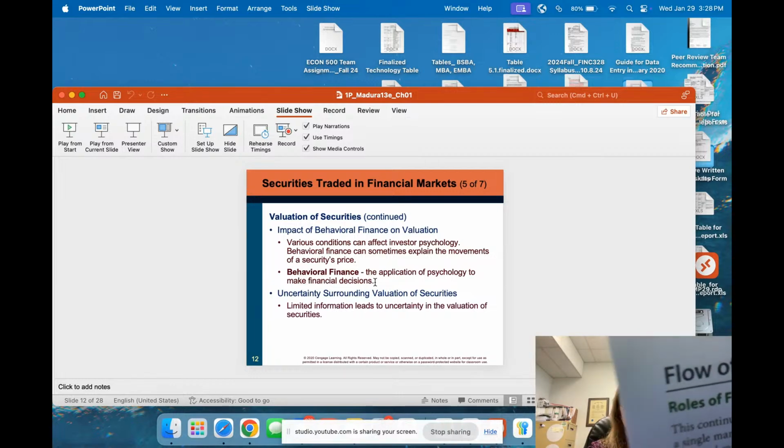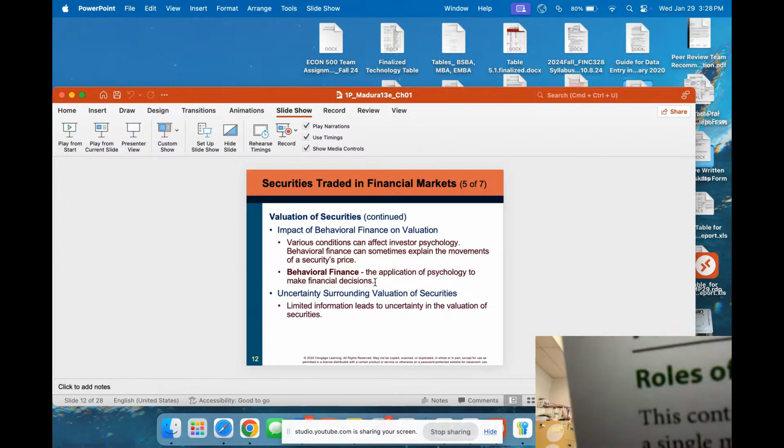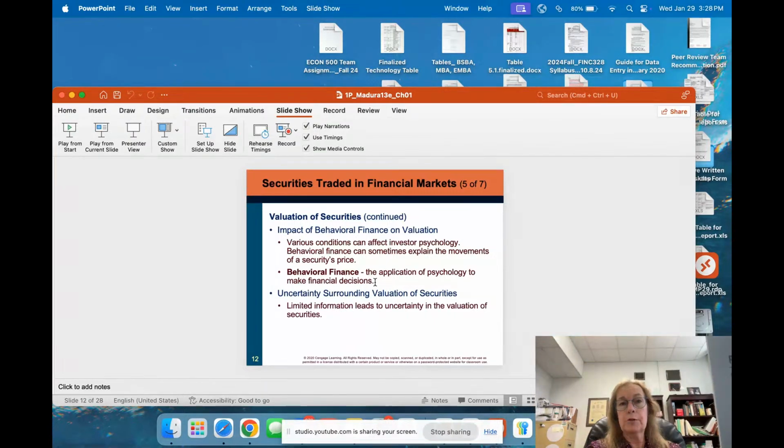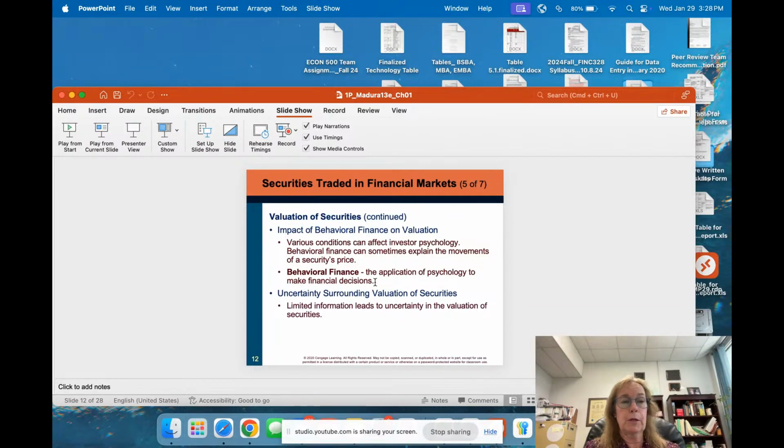Make sure you read the section on behavioral finance. They have a really good example talking about marijuana stocks and behavioral finance, and then the uncertainty with valuation, and there's a good example about Nike too. So make sure you read 1-2D very carefully, and then you can ask me in the next class if you have any questions.